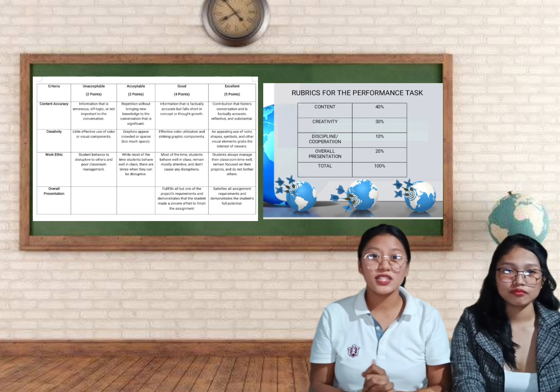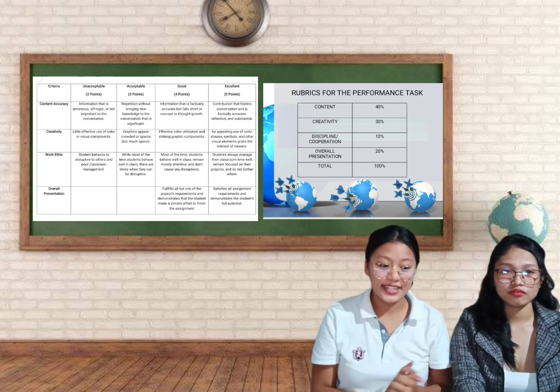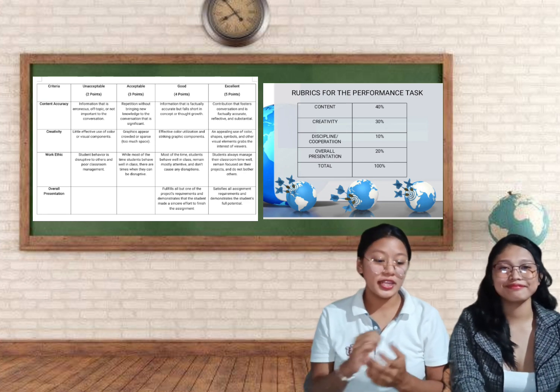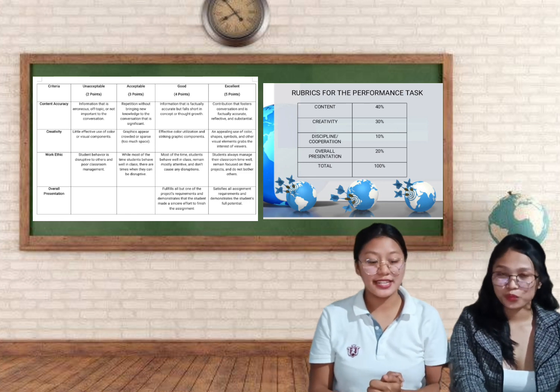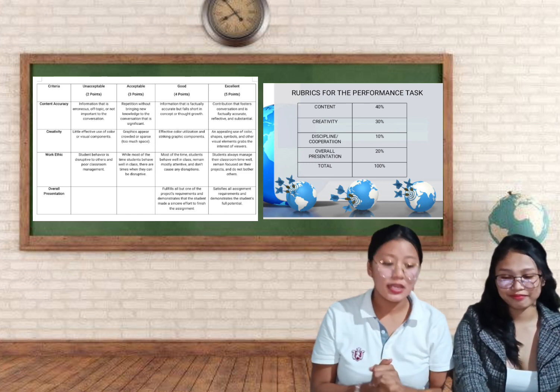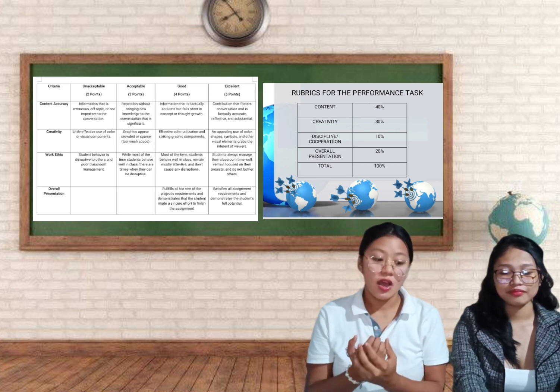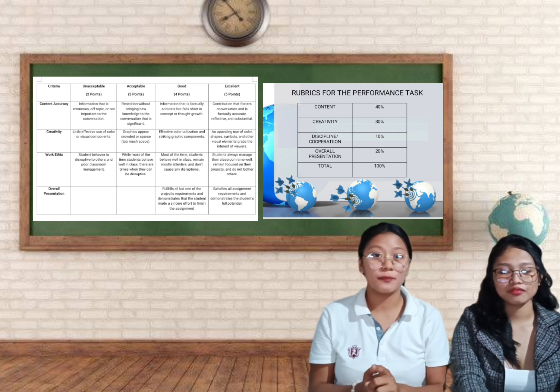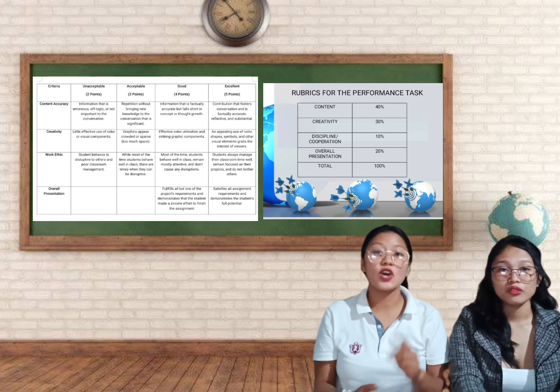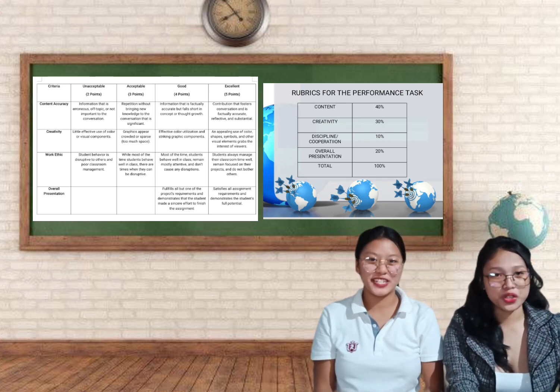The overall scoring is 40% for content, 30% for creativity, 10% for discipline or cooperation, and 20% for overall presentation. Then the total is 100%.